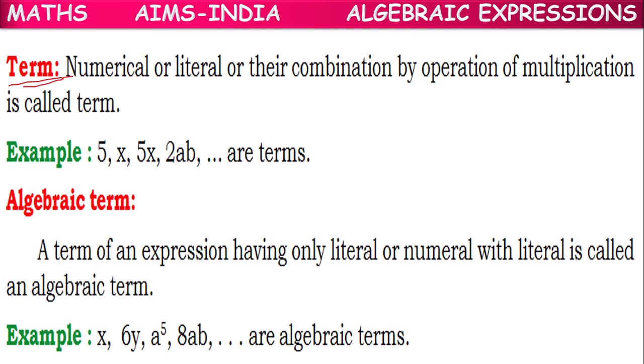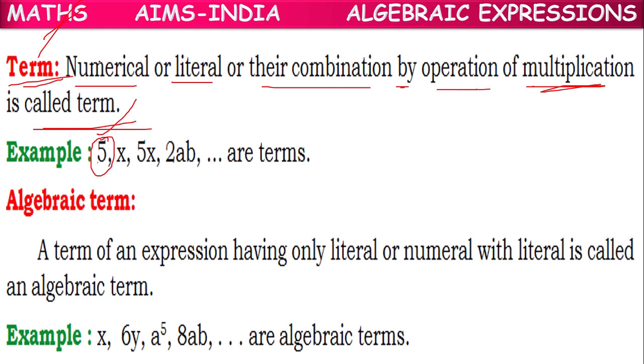So here, term. What is a term? Either a numerical or a literal or their combination by the operation of multiplication is called a term. Suppose 5 is there, it is only a numerical, it is a term.